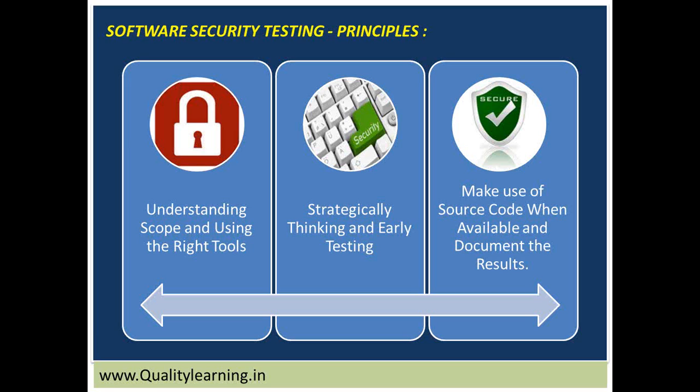Most importantly, straight from requirements you will not be able to do it. You have to also take architecture into consideration. Not just from the requirements can you devise your security test plan. Then make use of source code when available and document the results.